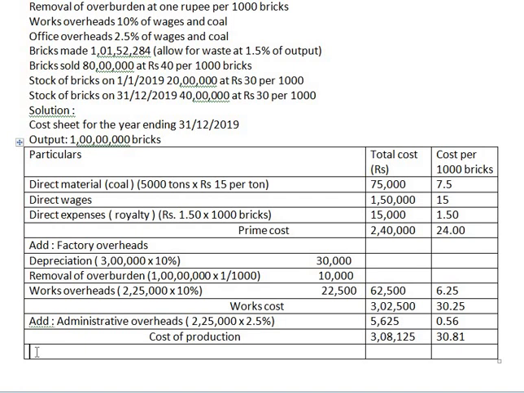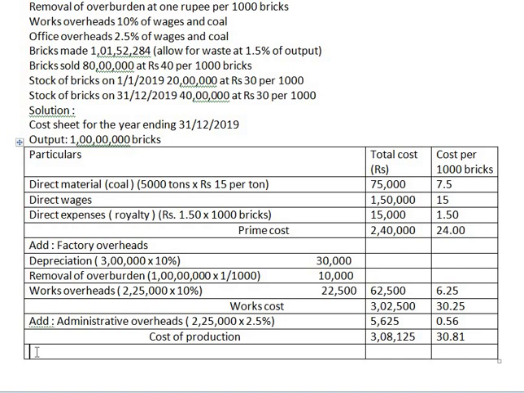Now next, go through the problem. What they have given is bricks sold. Okay, below that, bricks sold. Stock of bricks on 1st January 2019 was 20 lakhs at rupees 30 per 1000 bricks.